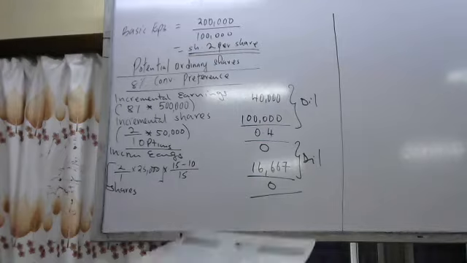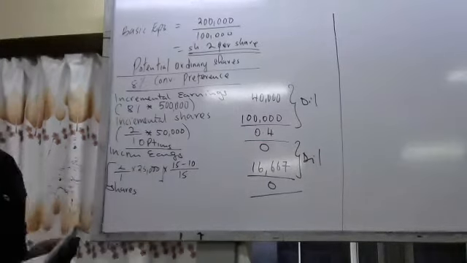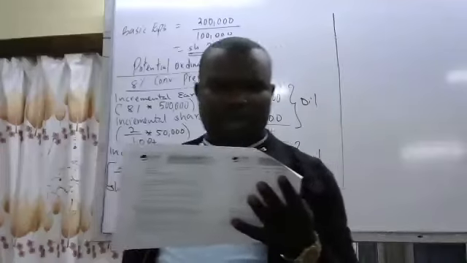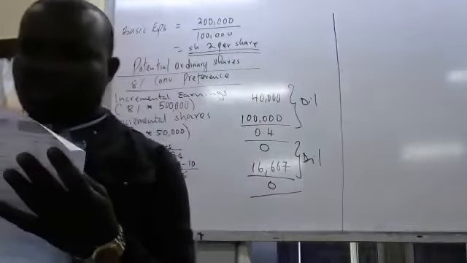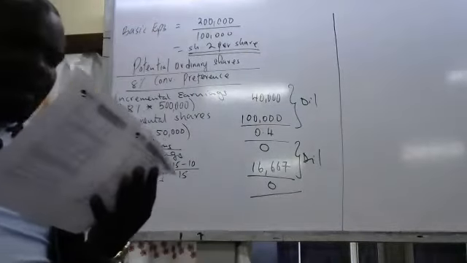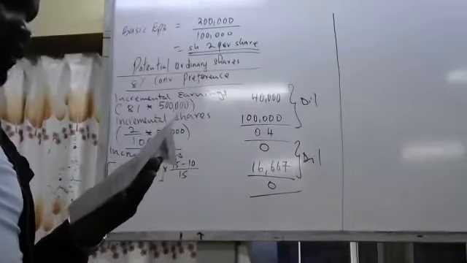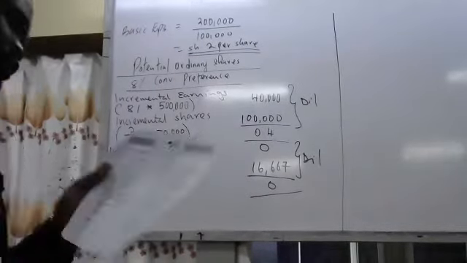Let's go to the other one. The last one, note 3. The company also has 100 billion, 15% convertible bonds of shillings 1,000 each outstanding. Each bond is convertible into how many ordinary? 50.